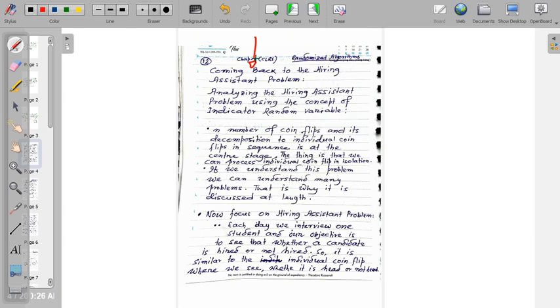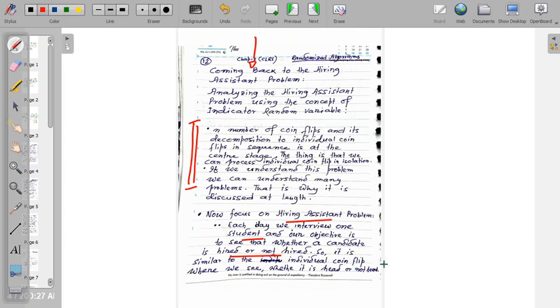So now, the n coin flips we are decomposing into a simpler random variable, that means per coin flip. Here, each day we are interviewing one student for the hiring assistant problem, and our objective is to see whether a candidate is hired or not.